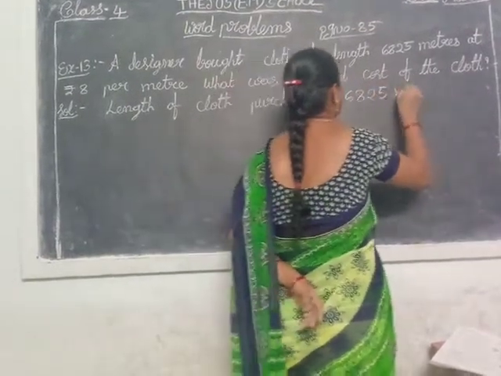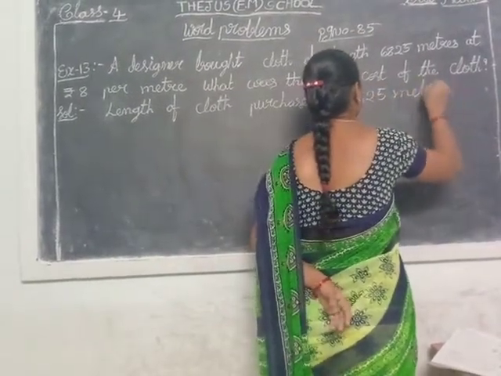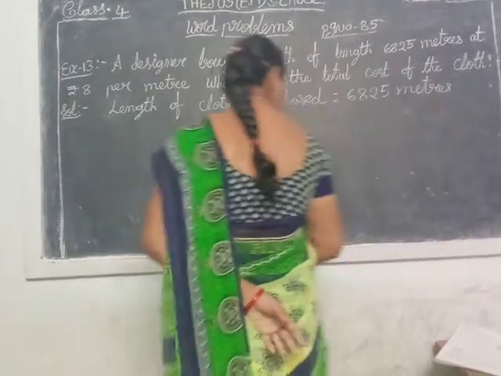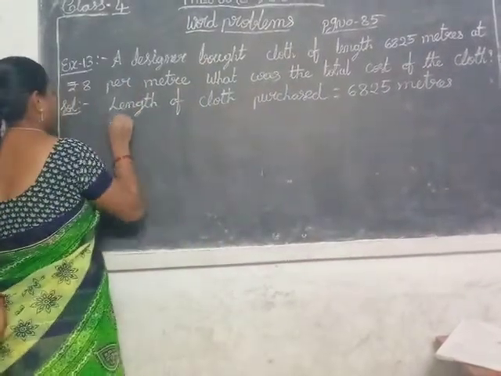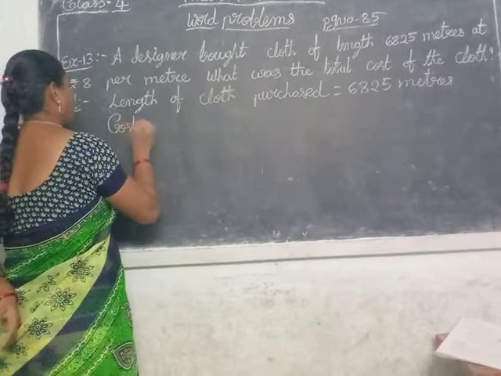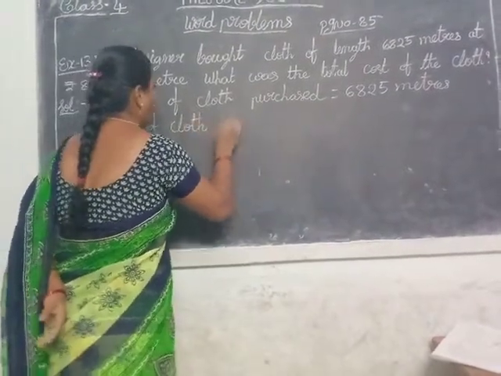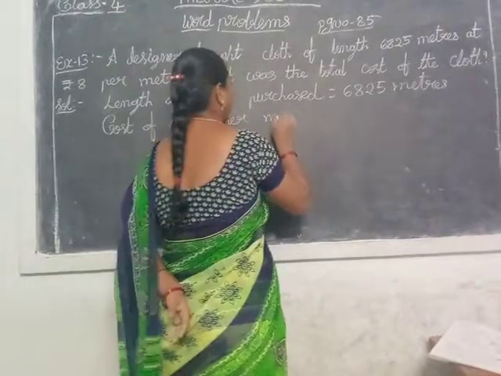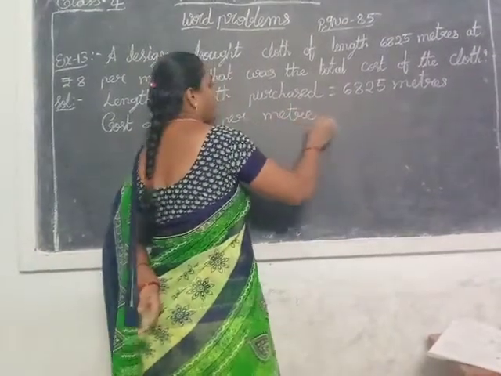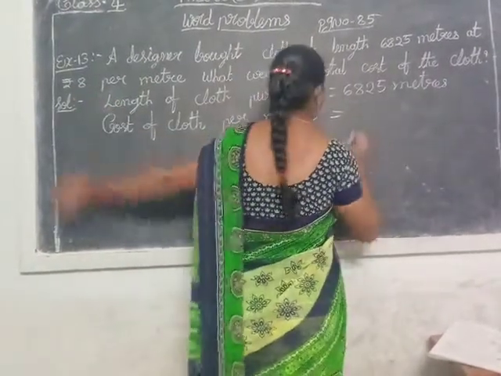6,825 meters. Okay. Cost of cloth per meter. Per meter how much? 8 rupees.